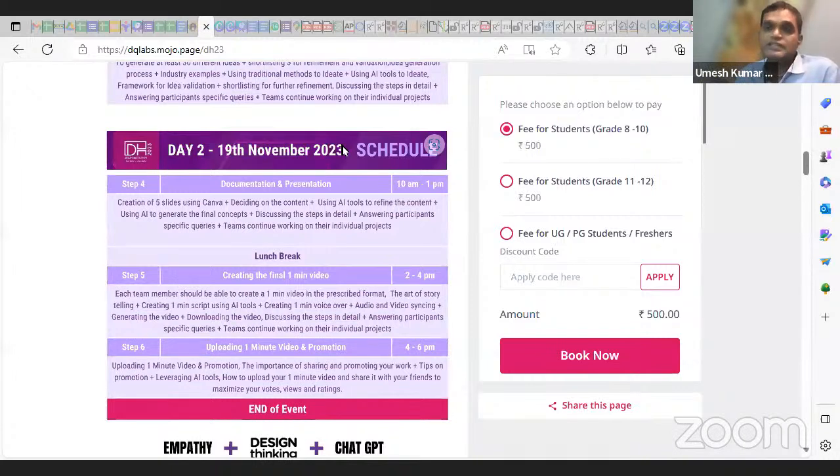Now, promotion is a very, very important aspect of the problem solution. You see, it is all about getting validation from the users. You may propose a particular solution, but if you're not bringing it in front of the people, you do not have any kind of validation.